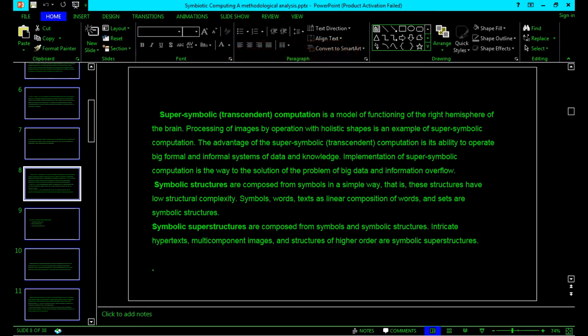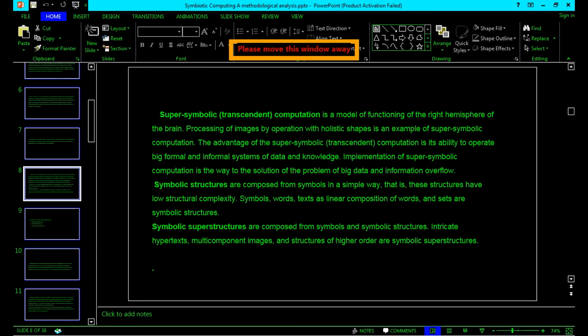It's possible to suggest that the problem of big data can be solved using supersymbolic computation, which works not with separate items of data, but with big structures of input data. Implementation of supersymbolic computation is the way to the solution also of information overflow.